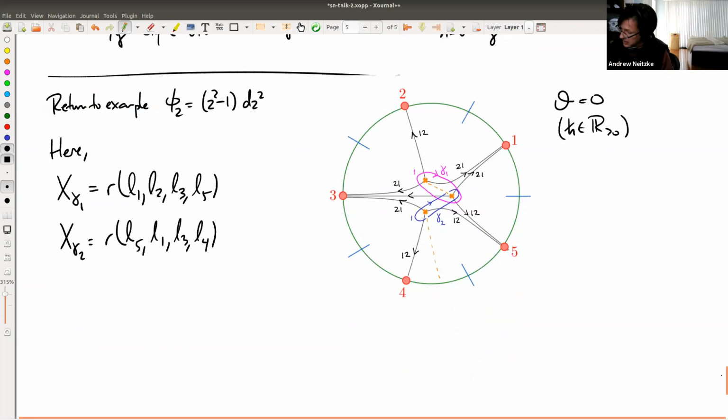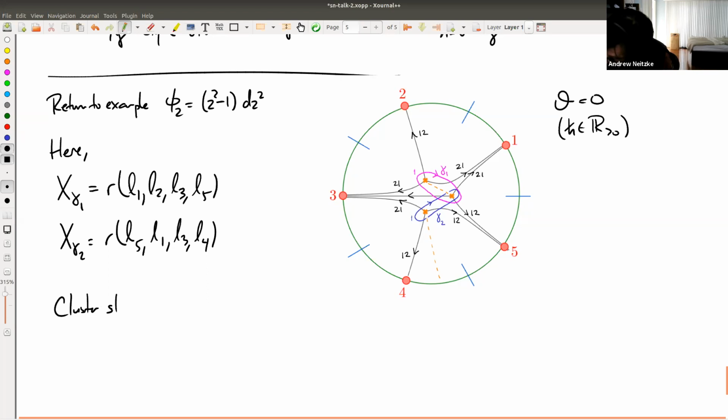Now for people who are cluster aficionados, you'll recognize this picture, because this construction has been said in different forms by different people. I learned it from the work of Fock and Goncharov.